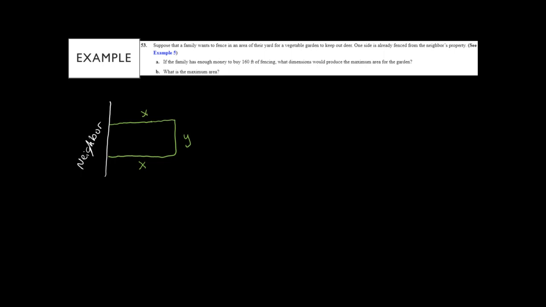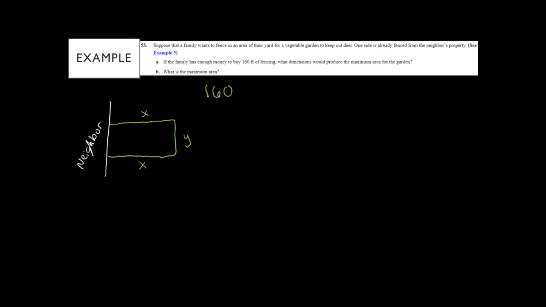So we need to create an equation before we can actually figure out the maximum area here. So we know that there's 160 feet of fencing. That is going to be the perimeter, because the fencing is going to be the length that we're doing here.